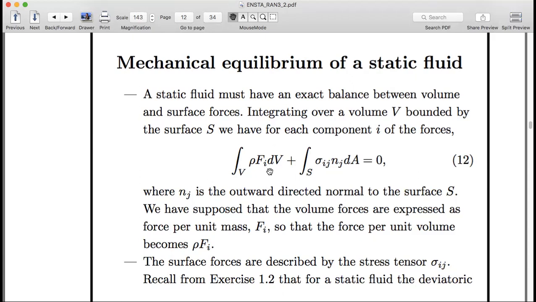So this integral or sum over the volume V gives me the total body force over the body.